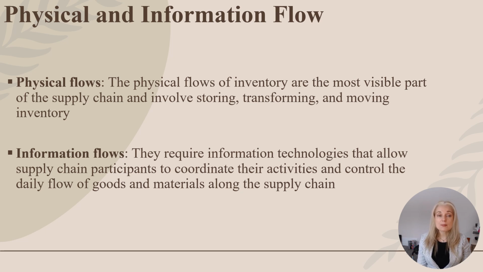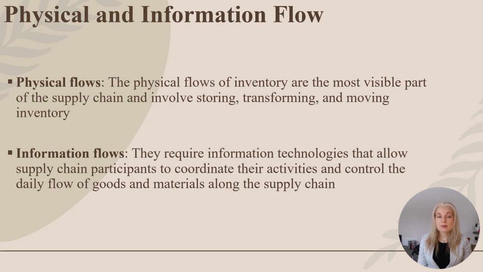When we talk about physical flows, we are talking about the physical flows of inventories that are the most visible part of the supply chain and involve the storing, transforming, and moving of inventory, whereas our information flows require information technology that allows supply chain participants to coordinate their activities and control the daily flow of goods and materials along the supply chain.